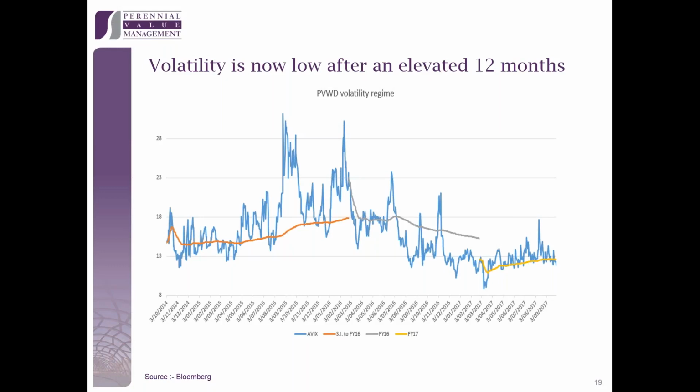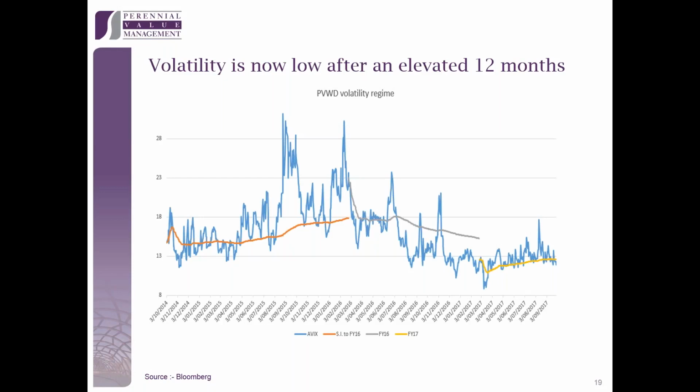You can see in the orange line, since inception of the unit trust to the end of financial year 16, volatility rallied and was quite significant in that period as markets sold off across a number of events. And actually we performed quite well in the option book in that early part.